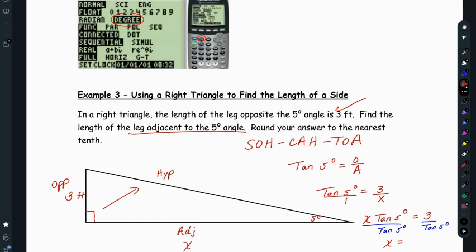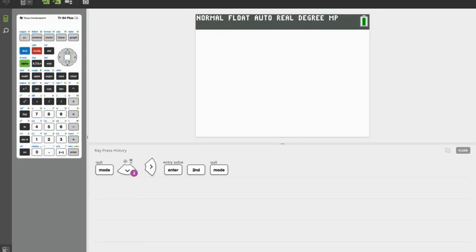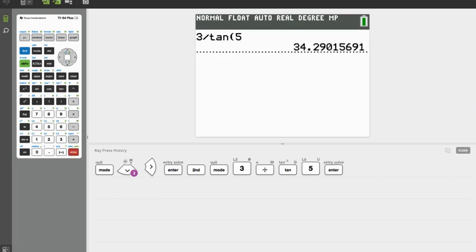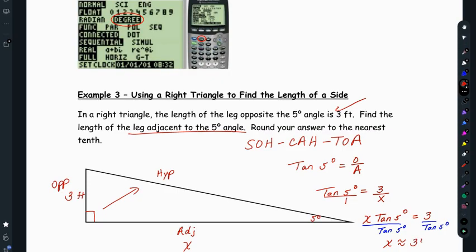We're going to enter 3 divided by the tangent of 5. The tangent button is highlighted in red on my screen. And we're going to get, rounded to the nearest tenth, approximately 34.3 feet.